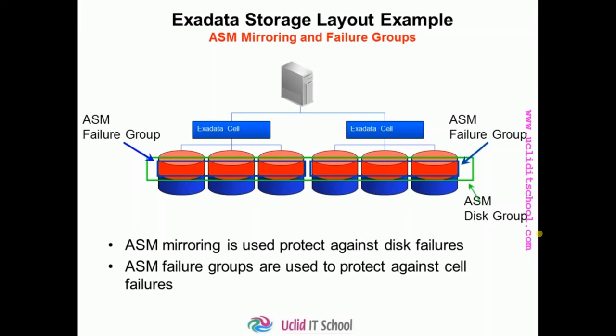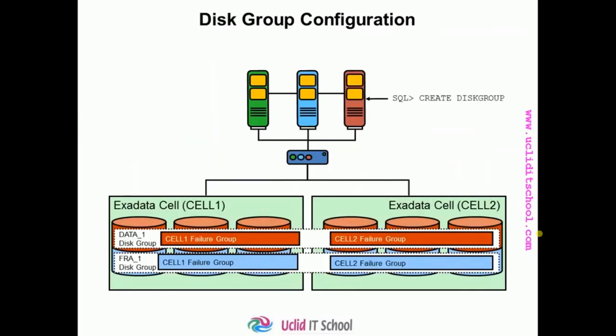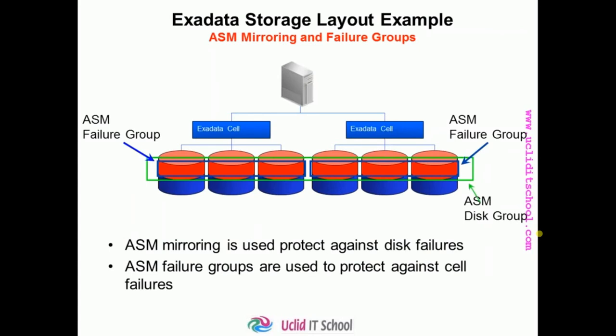So that is how failure groups are implemented inside the Exadata. So this is a very, very important concept to understand the high availability of Exadata. The same in another representation. Any doubts on this part?